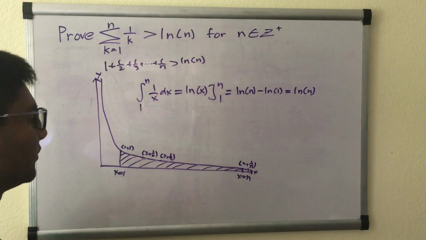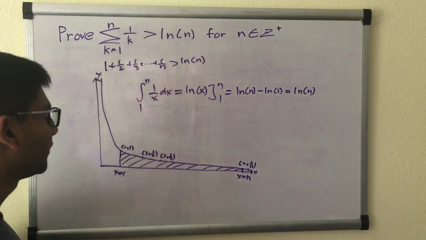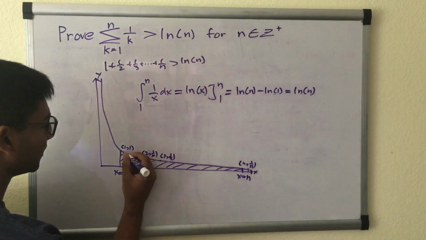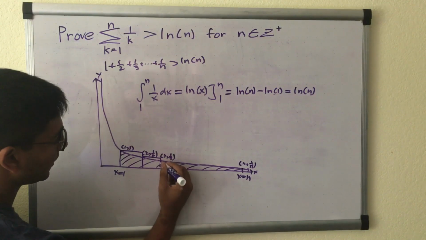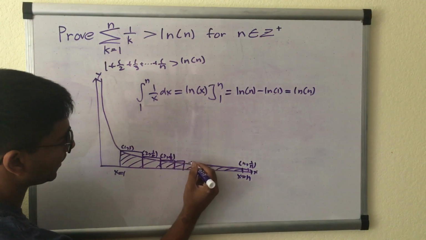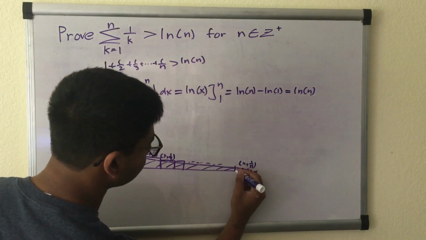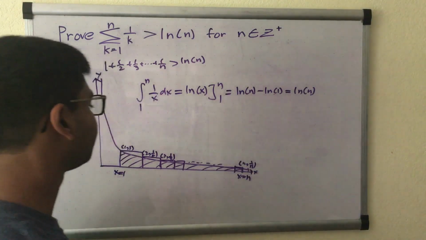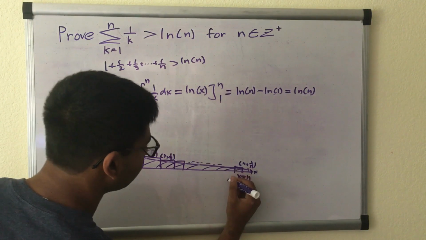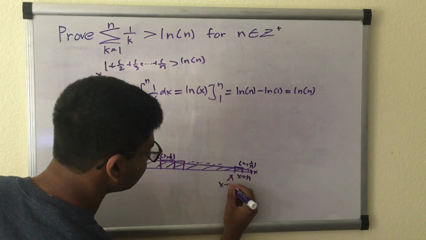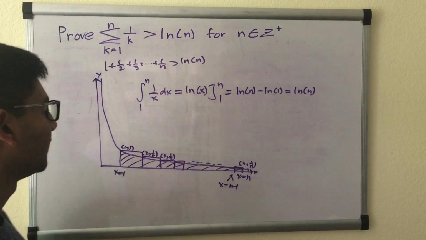Now sometimes to estimate the area under the curve, we could take a Riemann sum. What we're going to do is take a left Riemann sum, and this is going to go all the way to x equals n. Since this is a left Riemann sum, the final rectangle will be at x equals n minus 1.